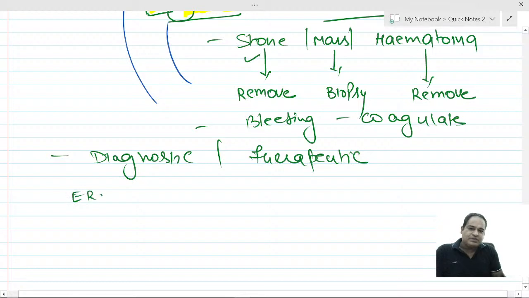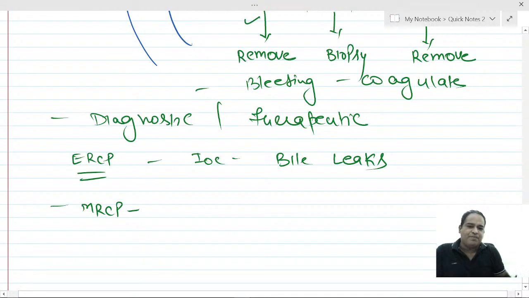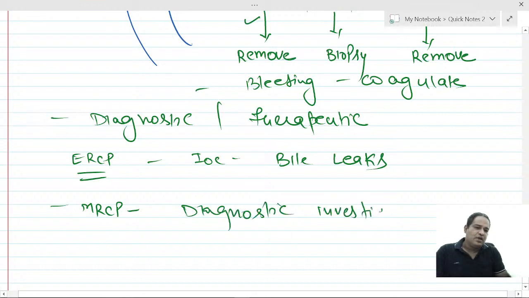And you know, ERCP is considered the investigation of choice to confirm bile leaks, while the MRCP is just a diagnostic investigation. It will tell you about the bile ducts.